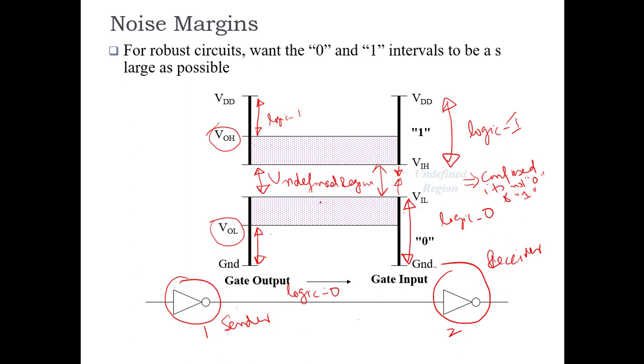So here my digital gate will fail. It will not work, because we have violated the gate discipline. If this ever happens, your gate will be confused. So this is one thing to understand, the undefined region.